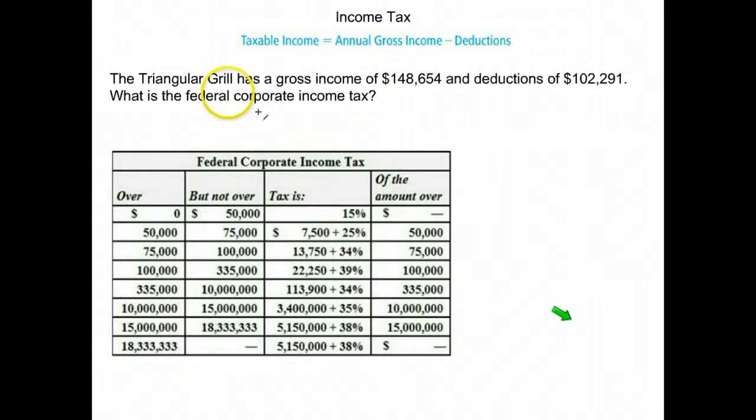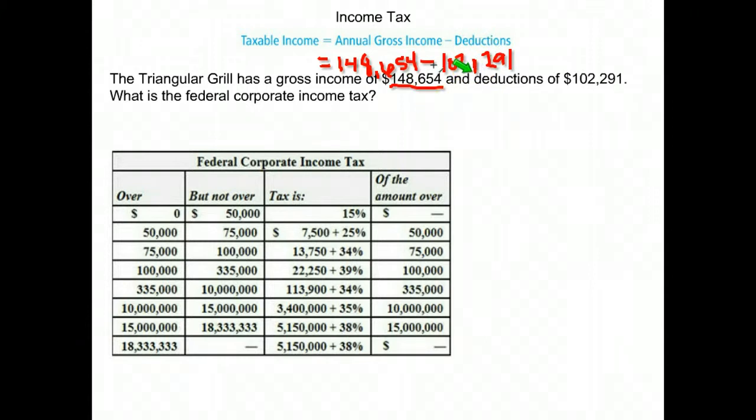Okay, here again we have a tax question. It says the triangular grill has gross income of $148,654, deductions of $102,291. What's the federal corporate income tax? So again, first you have to know how much can they be taxed on, and to find that you take the gross income, which again was $148,654, minus the deductions, which it said was $102,291.